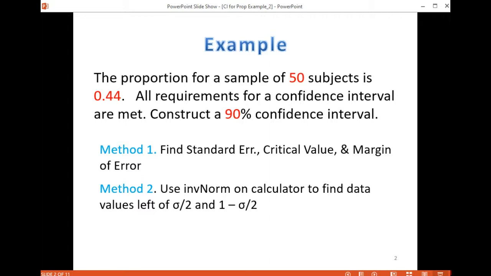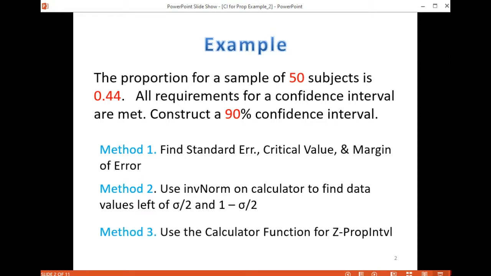Write those down. I'll give you 5 seconds. 50, 0.44, and 0.90.